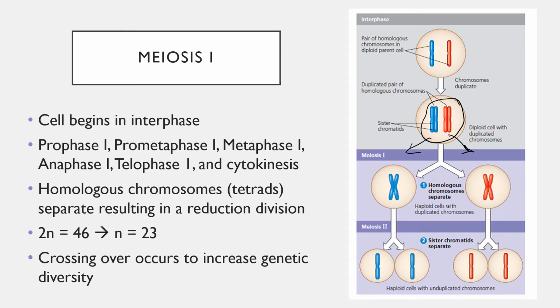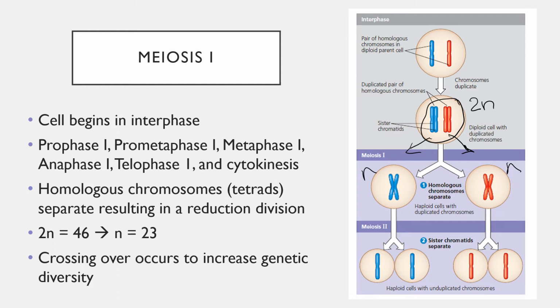That is the key thing that makes the new cells haploid. I'm taking the 2 copies of each of my chromosomes and I'm separating them, so I only have 1 copy in each of my resulting cells, diploid to haploid. So at the end of meiosis 1, our original 46 chromosomes are going to be cut down to 23.